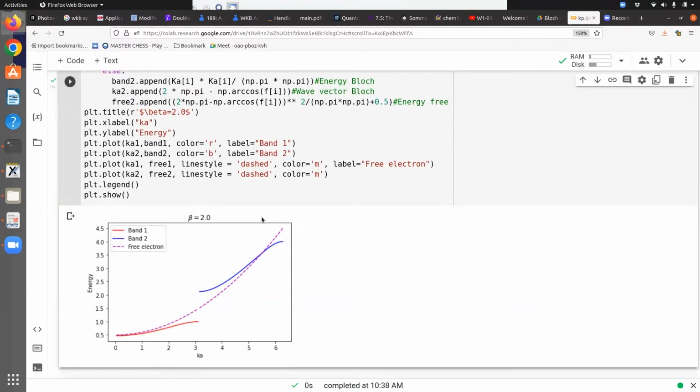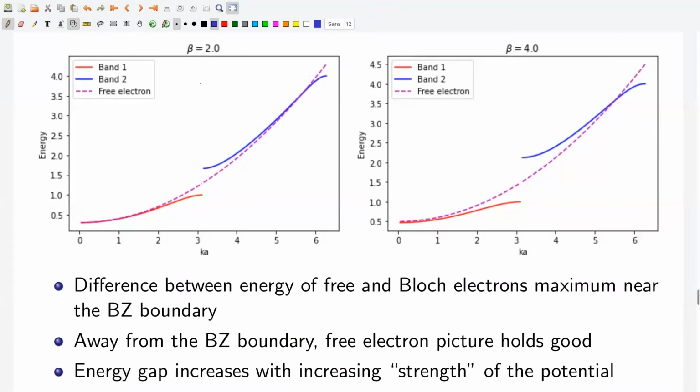The dashed line denotes the energy of the free electrons. Solid red line shows the energy of the Bloch electron in the first band, and solid blue line shows the energy of the electron in the second band. This is the plot of energy versus k for beta equal to 2, and this is the plot of energy versus k for beta equal to 4. From the plots, it is clear that the energy of the Bloch and free electrons differ mainly in a region close to the Brillouin zone boundary.